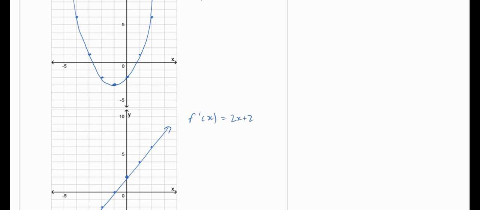If I pick a point on the original function, so how about I pick this point? x equals 1. What is the slope of the tangent at that point?